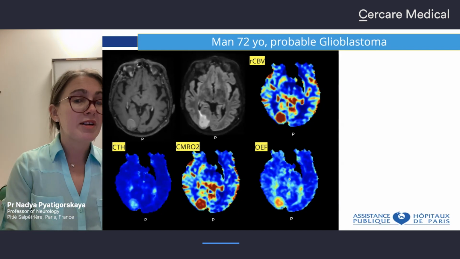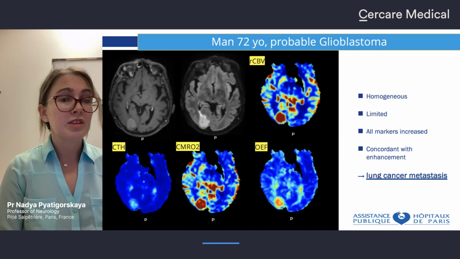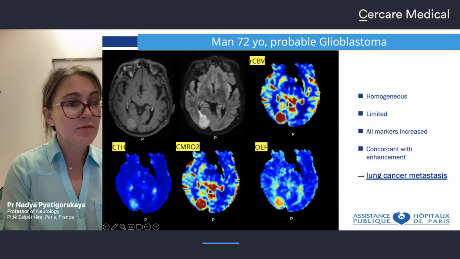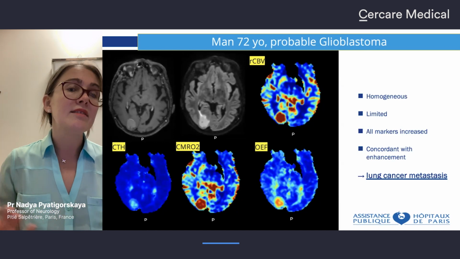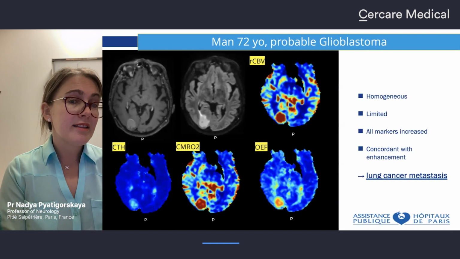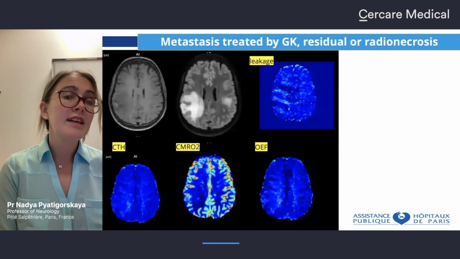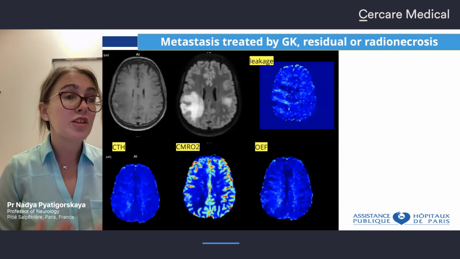Everything concords perfectly. And finally, it was not glioblastoma, it was lung cancer metastasis. Because everything was concordant, there was no heterogeneity, there were no markers outside the contrast enhancement, and finally the lesion could be resected.